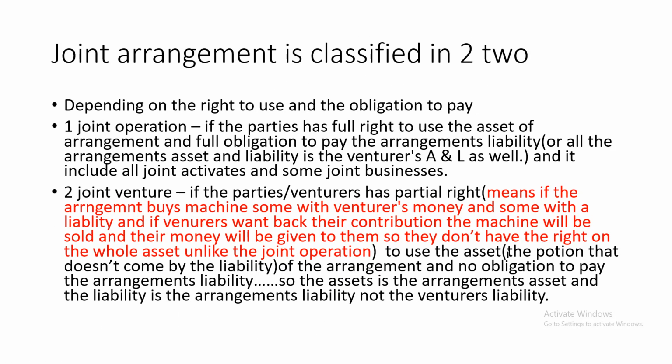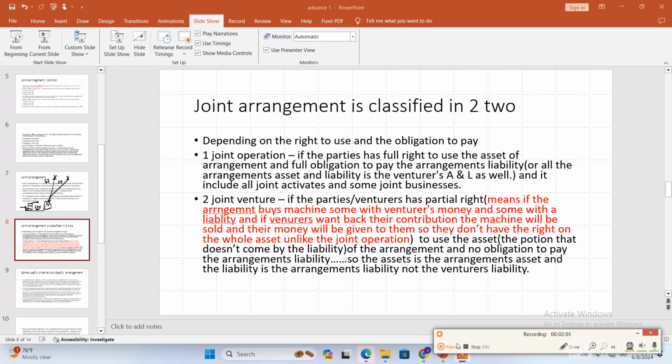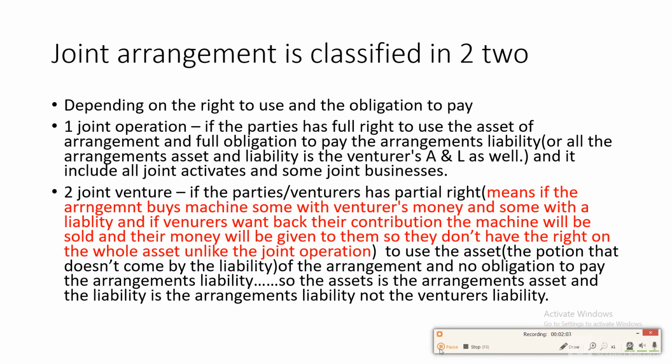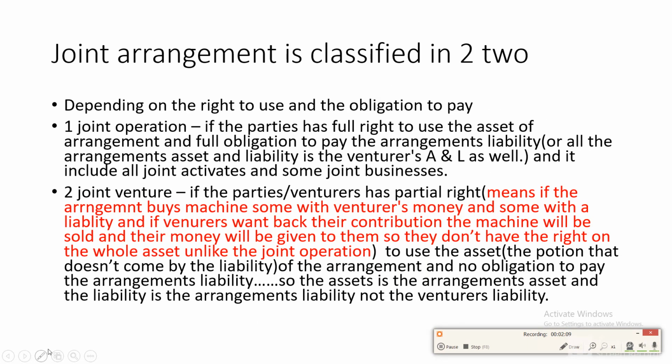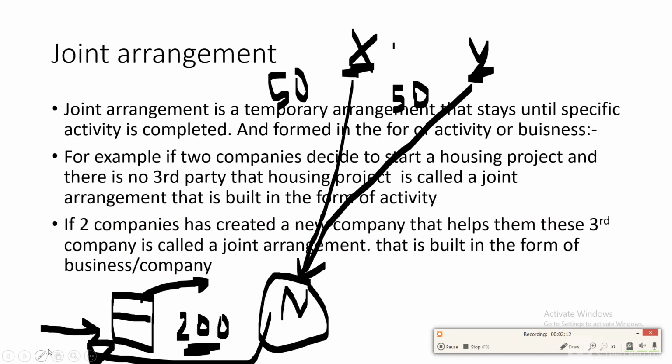To use the assets, the portion that doesn't come by liability of the arrangement. So what I mean is they have a right on this $100 portion, but they do not have an obligation to pay the rest, $100, that came from the liability.